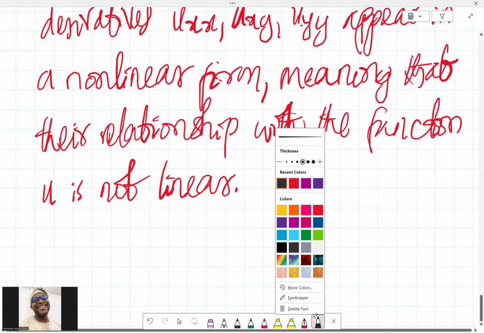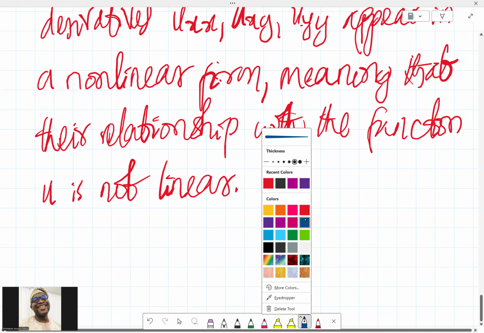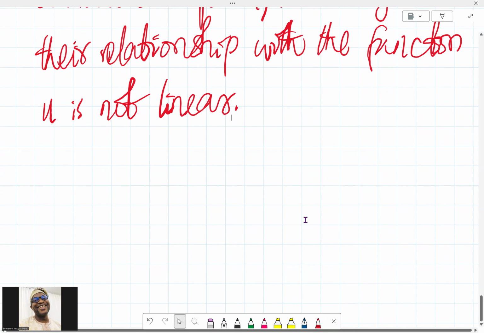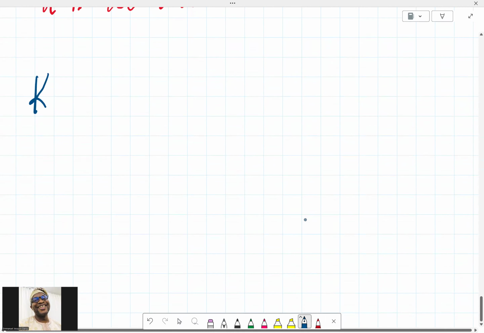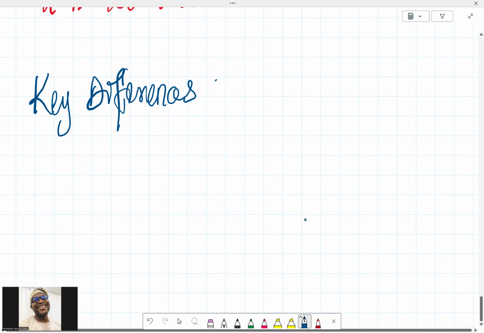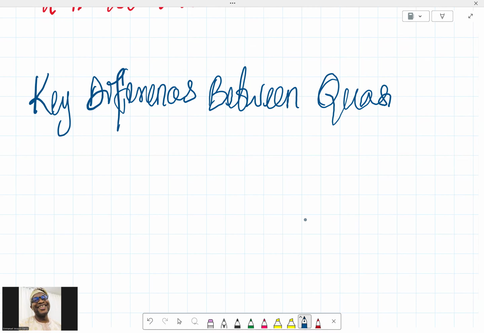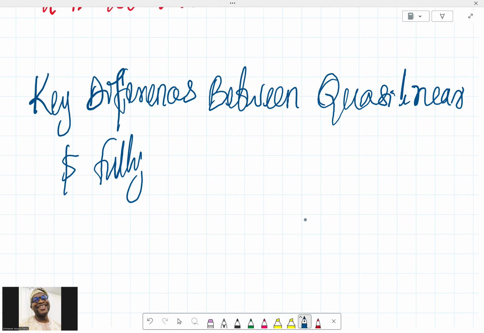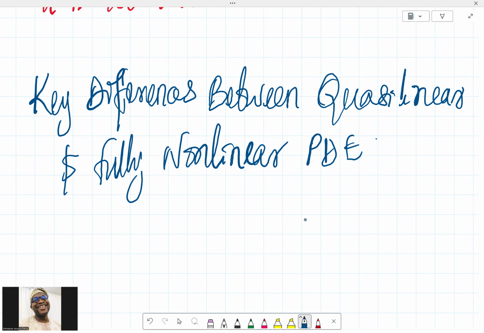Let's move on to some key differences. We'll just compare them. Key differences between quasi-linear and fully nonlinear PDEs.